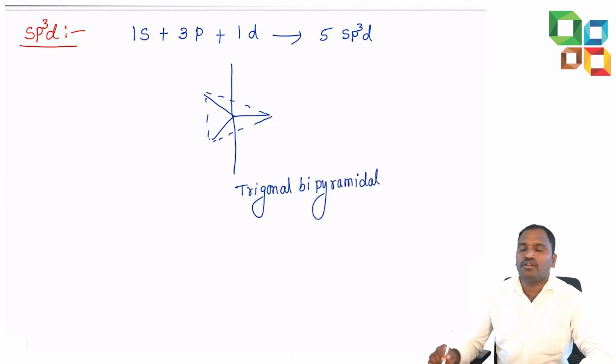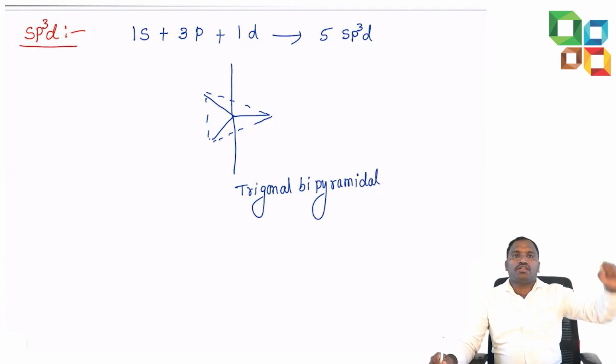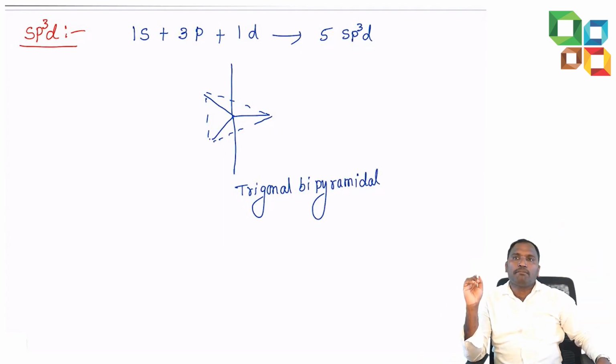Molecules which are undergoing sp3d hybridization have trigonal bipyramidal geometry. 5 hybrid orbitals are arranged in a trigonal bipyramidal manner, 5 bonds.